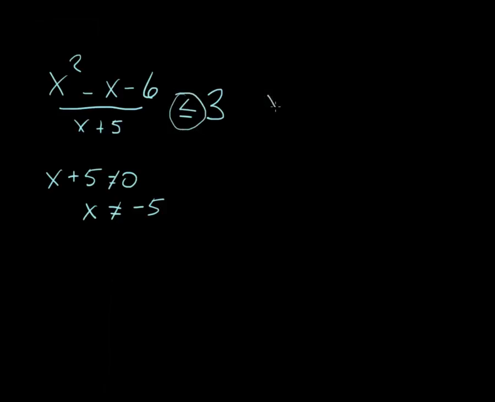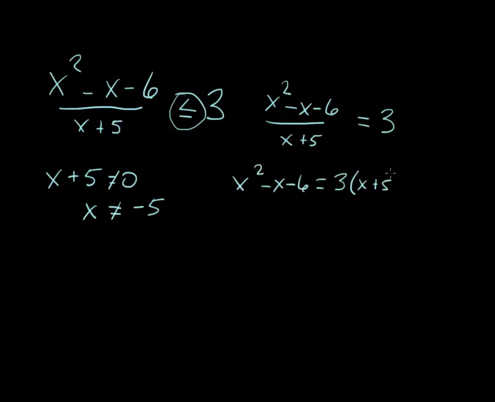So let's try that and see if we get the same answer. Equals 3. So now I'm going to multiply both sides by x plus 5. And we're going to solve this the same way we solve every polynomial equation that we've done so far.